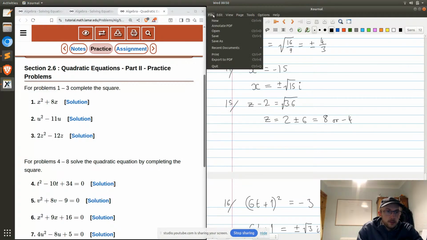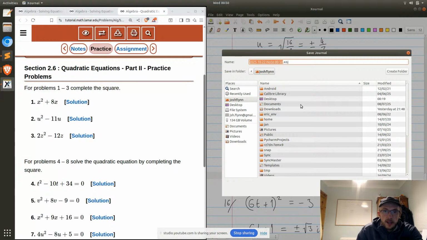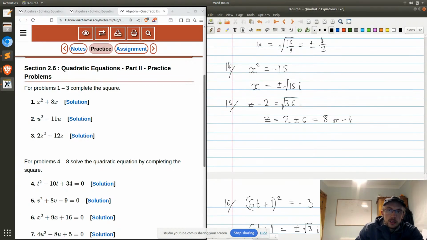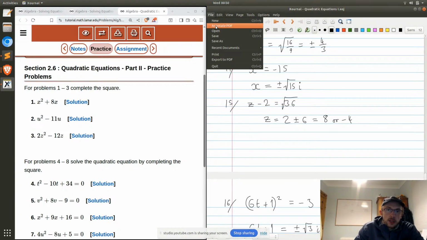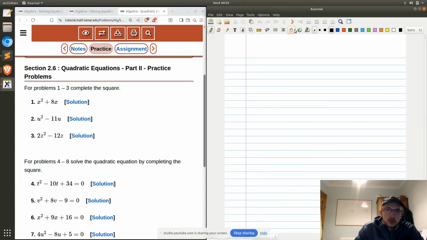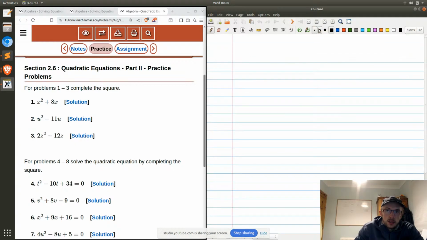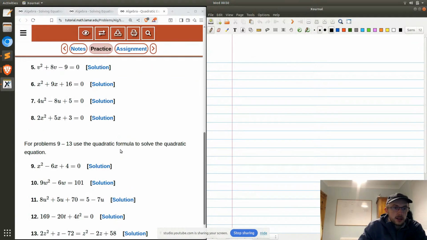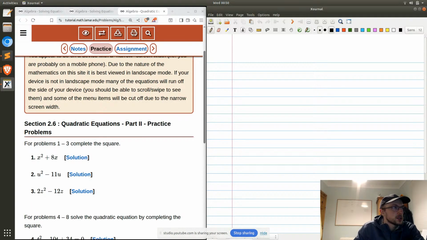So we're going to save that as quadratic equations 1. And then create a new page, a new document. And get started with quadratic equations part 2.